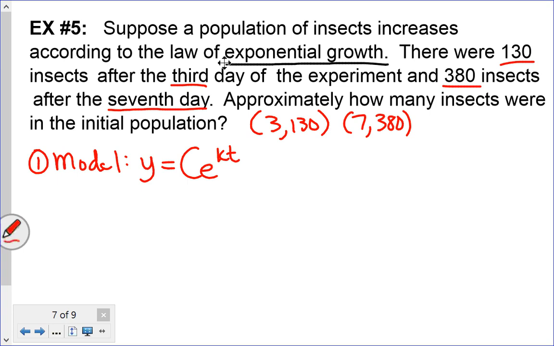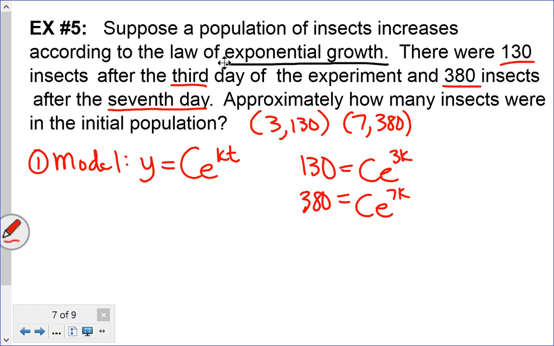So you're going to have 130 equals c e to the 3k, and you're going to have 380 equals c e to the 7k. So all I did was substitute those 2 ordered pairs. Now what I can do is solve one of them for c and plug it into the other one. So the second thing was get some equations going here.